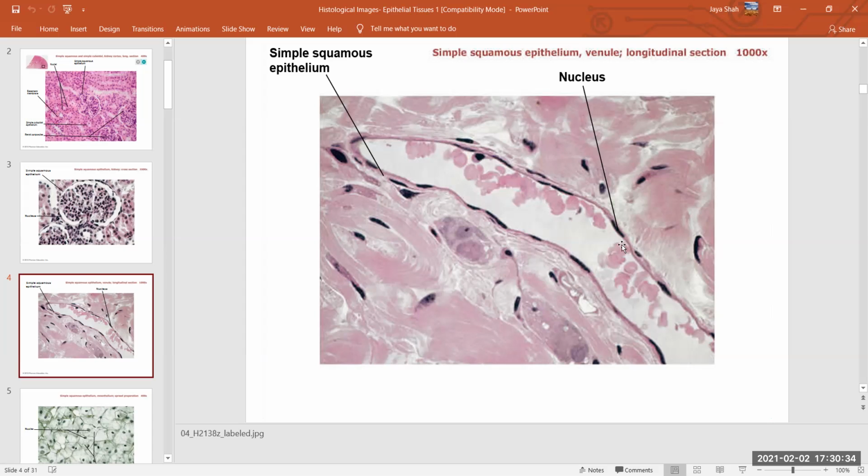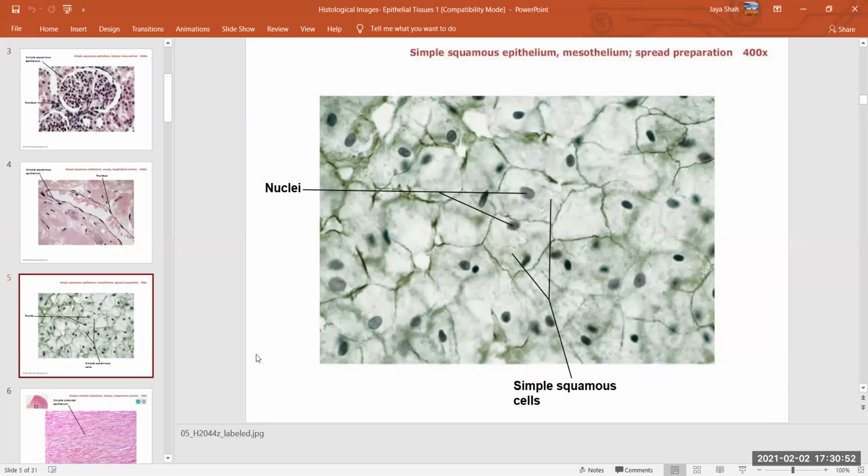This lumen side is the apical area. So this is the basal area, and here is the apical area. This is the lumen, the space of the vein, the blood vessel. And these are the nuclei of simple squamous epithelium. This is the simple squamous epithelium.